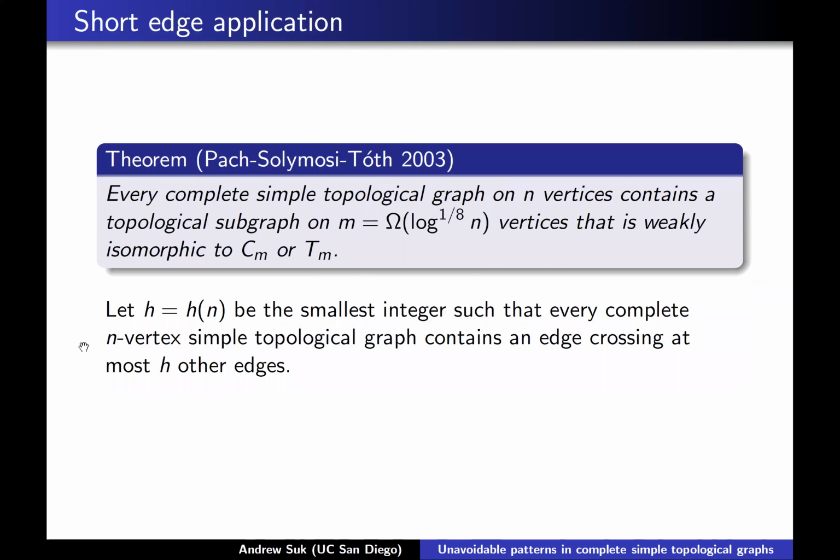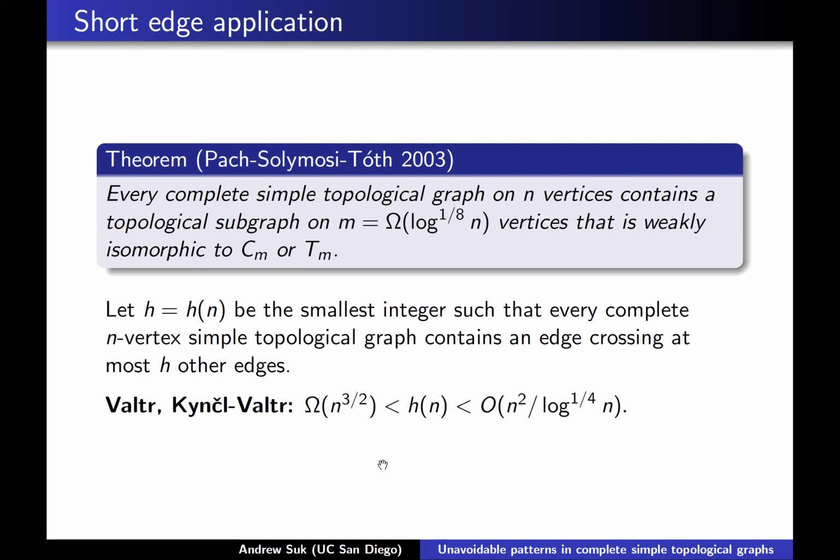If we let h(n) be the smallest integer such that every complete n-vertex simple topological graph contains an edge that crosses at most h other edges, then it was shown by Valtr that h(n) is at least n^(3/2).